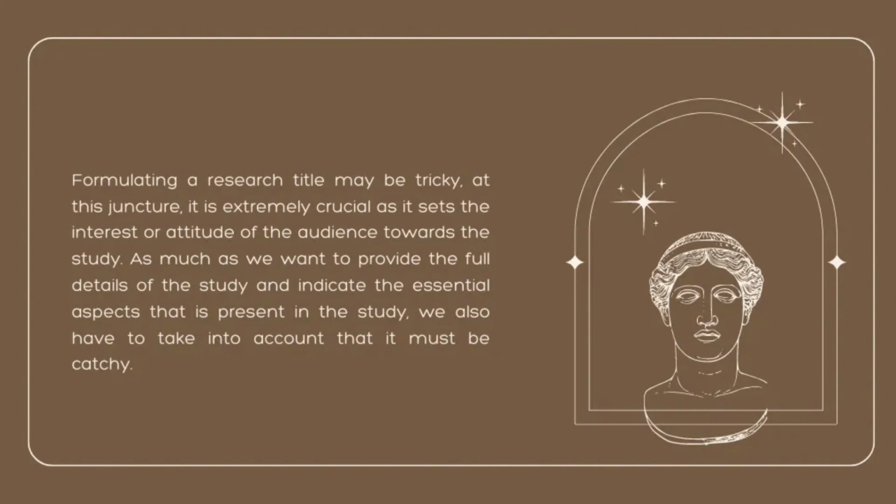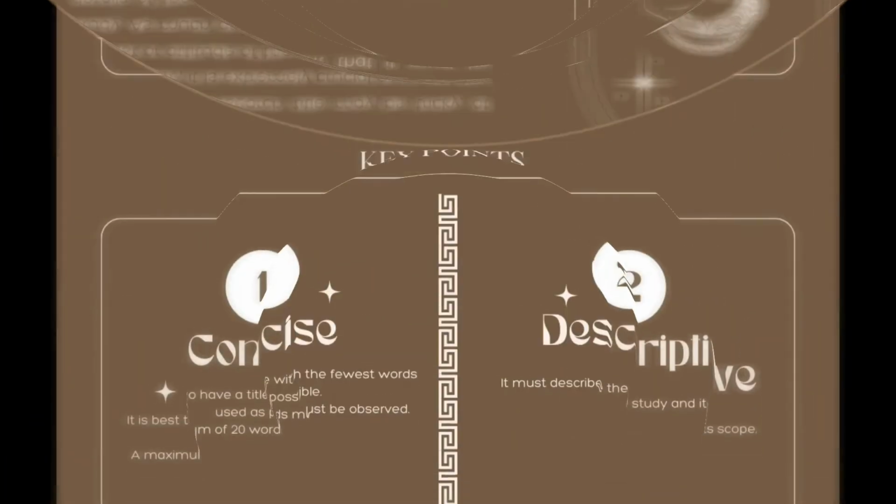So when we formulate a research title, sometimes it can be a little bit tricky, and at this juncture, it is extremely crucial as it sets the interest or attitude of the audience towards the study. So as much as we want to provide the full details of the study and indicate the essential aspects that are present in the study, we also have to take into account that it must be catchy.